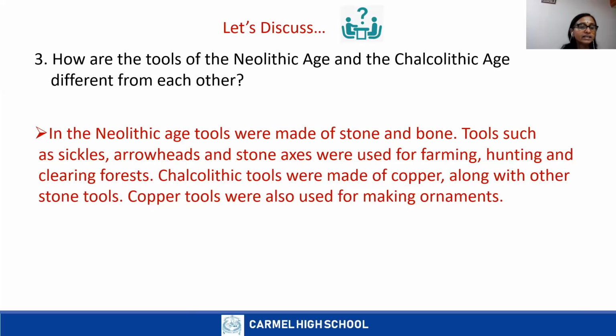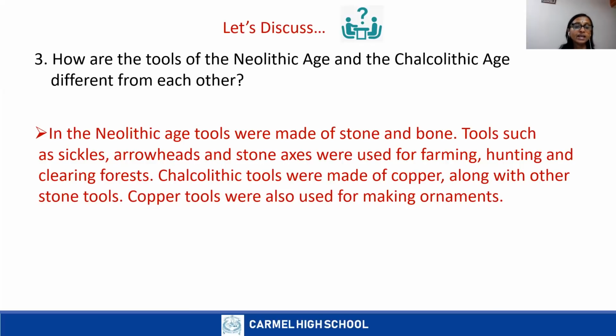Maya lived with her family in the Neolithic Age. Her life was little different from Lara's. Her family had started practicing farming and domesticating animals apart from hunting. As a result, even the tools had changed in order for them to conduct these activities.